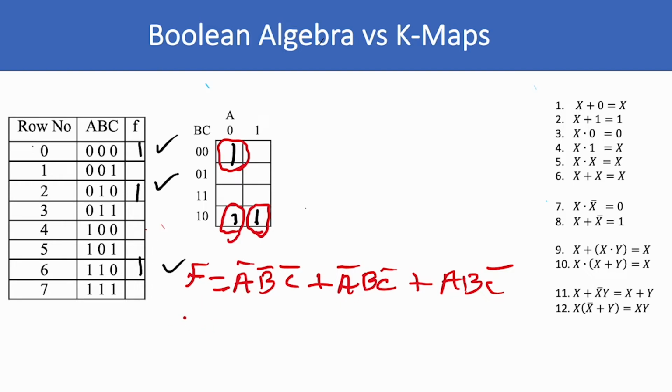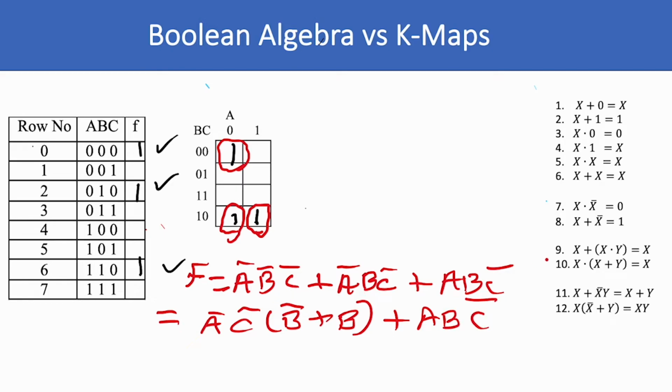We're going to factor out a bar, c bar of the first two terms, and what are we left with? b bar plus b, plus a b c bar. Now, look at b bar plus b. Anything plus its complement is equal to 1. So according to Rule 8, this is a 1, and it's equal to a bar c bar plus a b c bar.